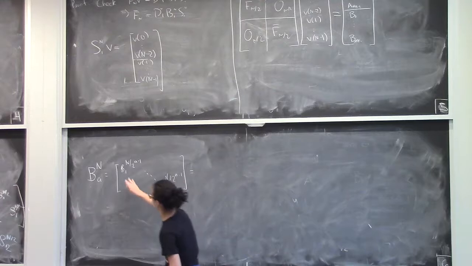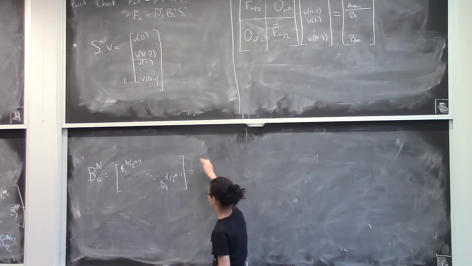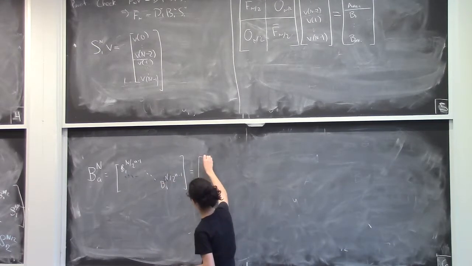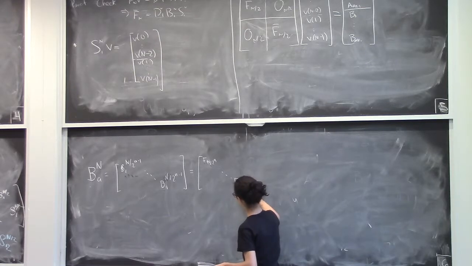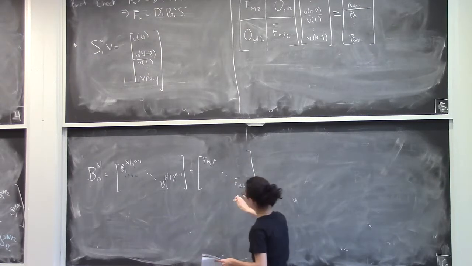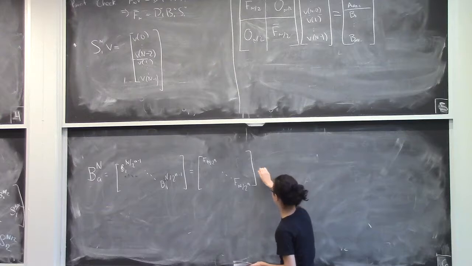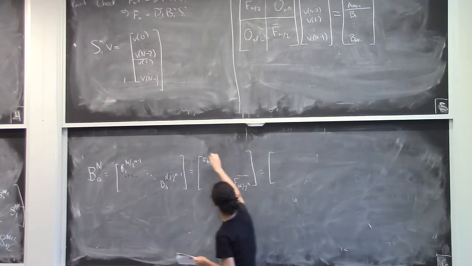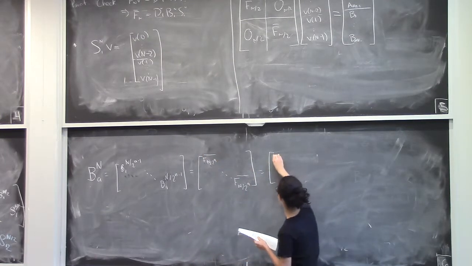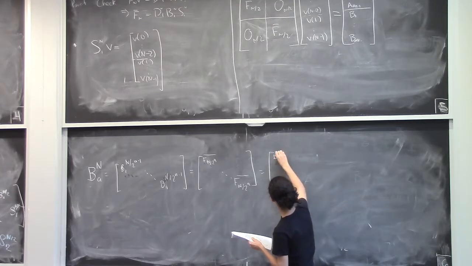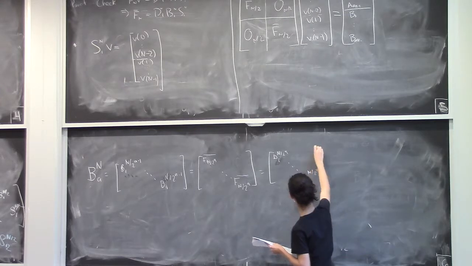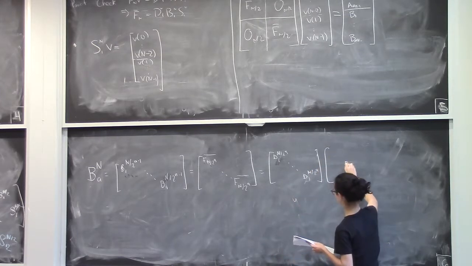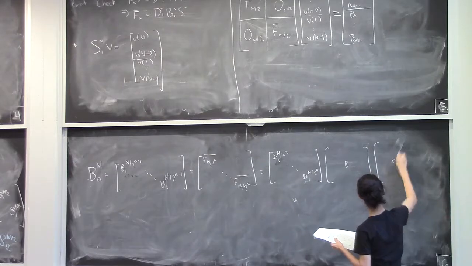Note that each of these matrices is itself a block matrix, where you have the Fourier transform matrices, n over 2 to the a, 2 to the a times, and each of these you can factor. So you can factor D1 n over 2 to the a, and the same for B and the same for S.